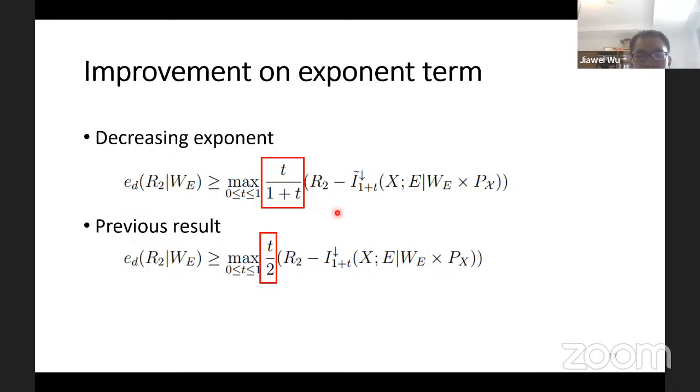We can see that if we fix this sacrificed rate, then the decreasing exponent is this form. However, the previous result using the previous universal hash lemma differs in the 1 plus t and a 2 term. So this decreasing speed is faster.